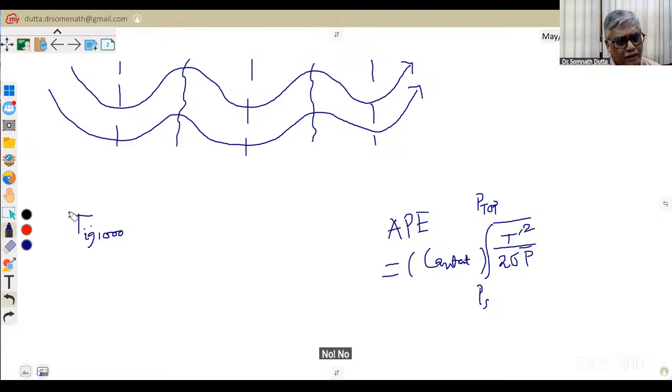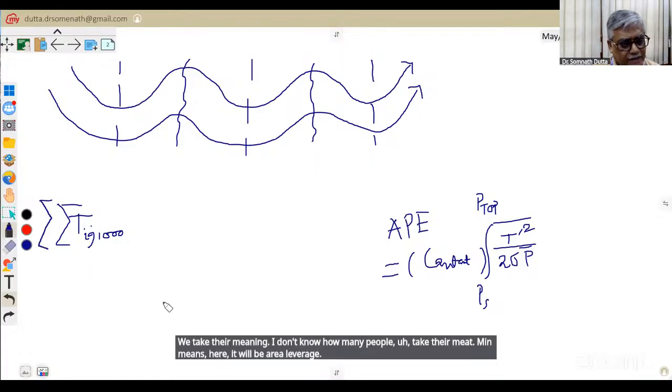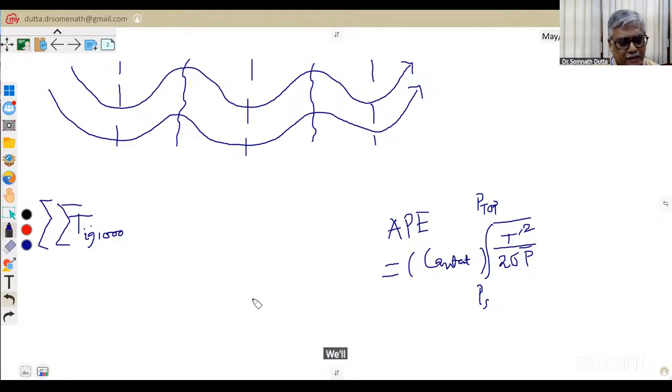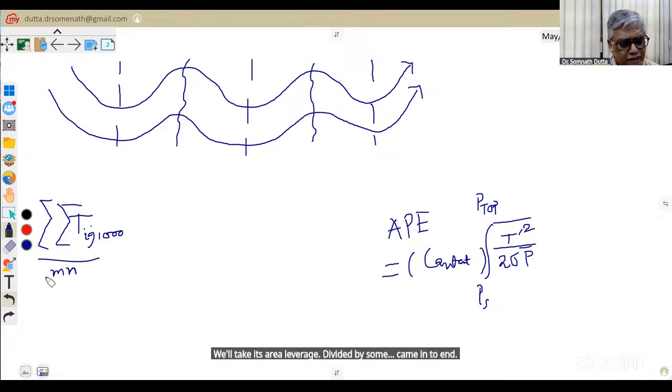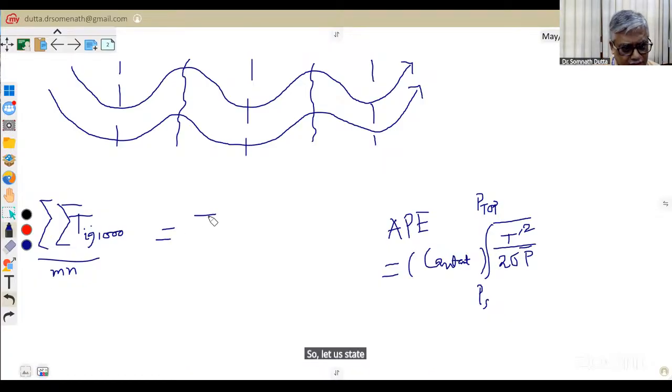Now what we do, first we take their mean. Mean means here it will be the areal average. We will take its areal average, divided by m into n. So let us take this equal to T 1000 average.